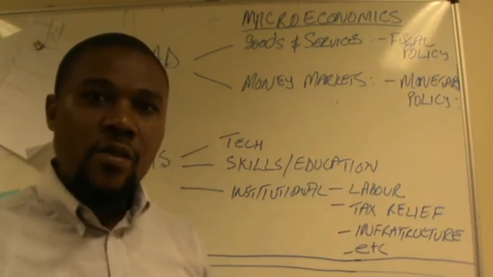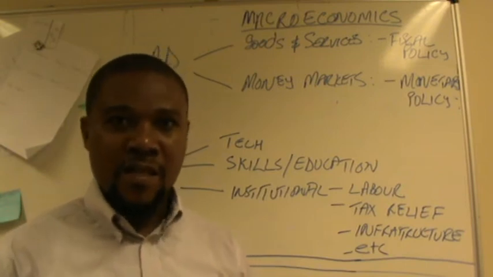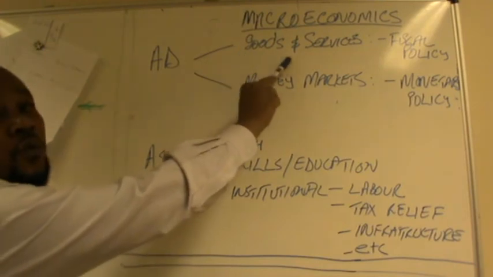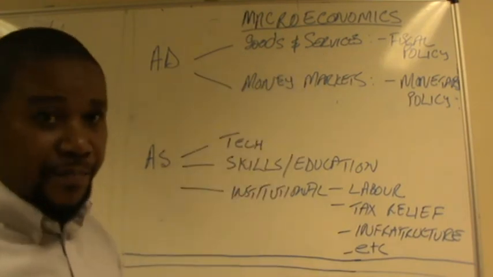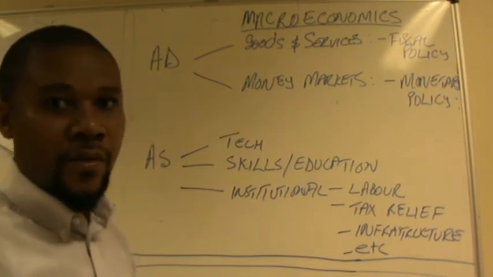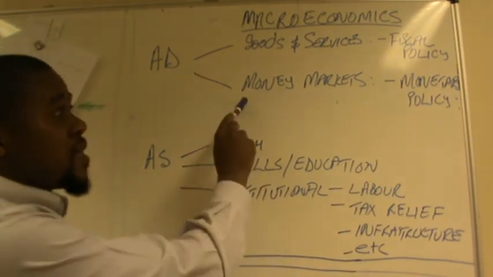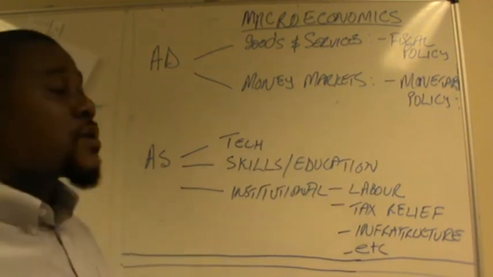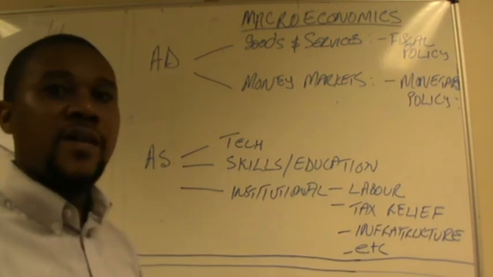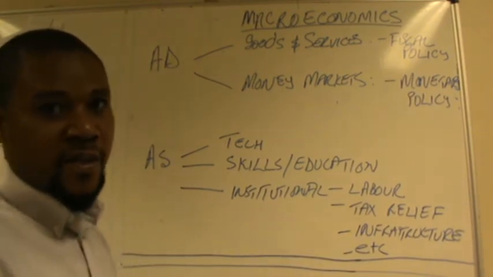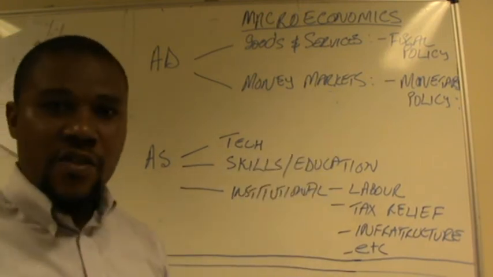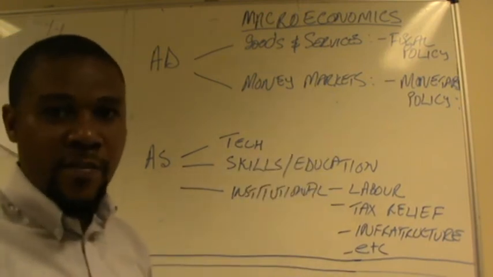So what is it that constitutes aggregate demand? Well, aggregate demand is divided up into the goods and services market, as we discussed the goods markets in microeconomics, as well as money markets. In the goods and services market, the price is the price of various goods and services, whilst in money markets, the interest rate is the price.